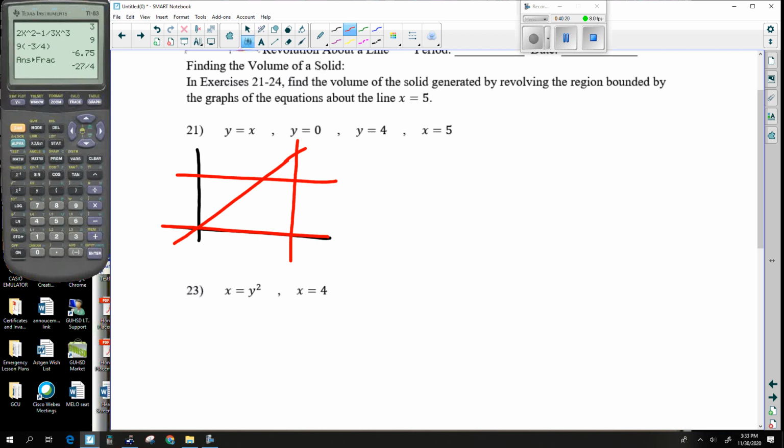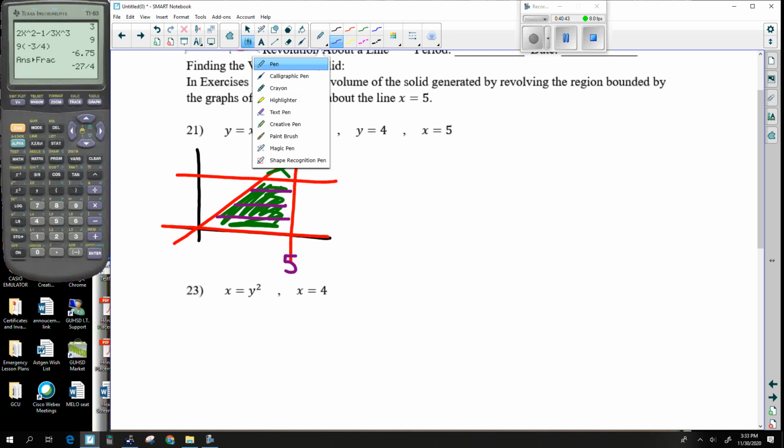I'm assuming that they are not including this area in their calculations. Let's not include that area, and instead we are talking about purely this area that I have. The easiest way is probably to integrate this way right here. And this is x is equal to 5, and this is also the axis of rotation.